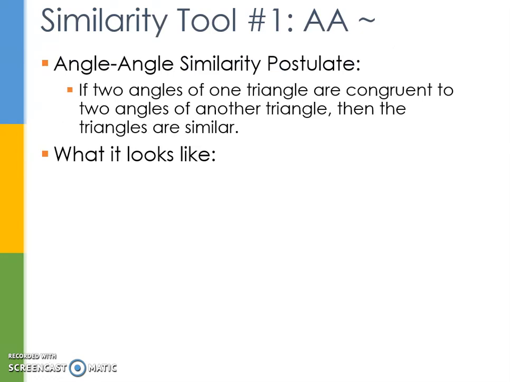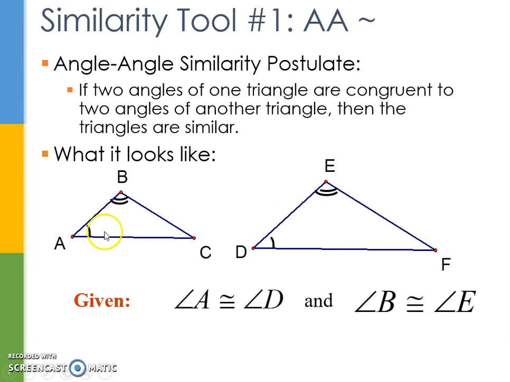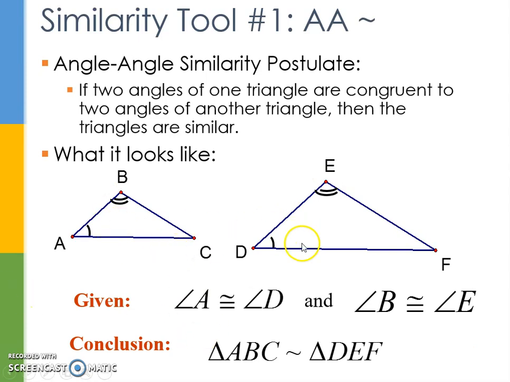Similarity tool number 1. AA. Angle-angle similarity postulate. If 2 angles of one triangle are congruent to 2 angles of the other triangle, then the triangles are similar. What does that mean? If angle A and angle D are congruent, and angle B and angle E are congruent, then you can say that these 2 triangles are similar.